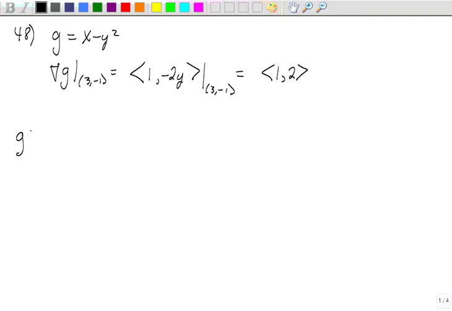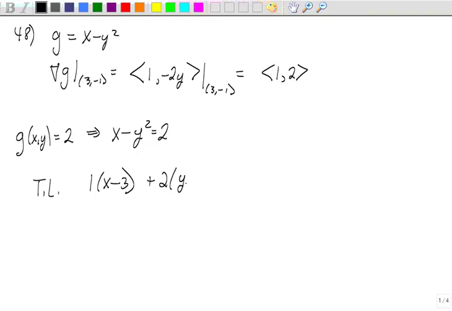So when the level surface equals 2, we have x minus y squared equal 2. Then we have the equation of the tangent plane, actually tangent line, since we're only in 2 dimensions, is 1 times x minus 3 plus 2 times y plus 1 equals 0. We get x plus 2y minus 1 equals 0.